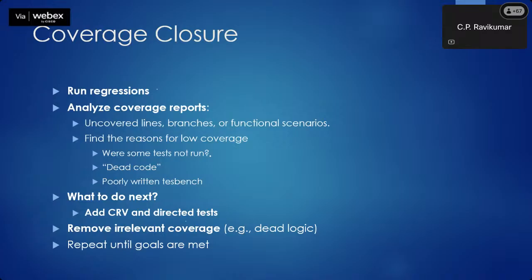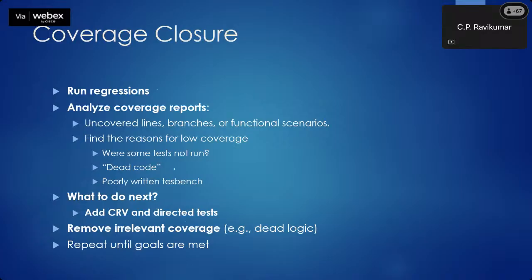Sometimes such things occur when you are scheduling a lot of tests one after the other. For whatever reason, some of these tests may not run, or for very silly reasons they may have failed. So you have to pore over those reports to see. And there could be some dead code in the design, so you are not getting adequate coverage.